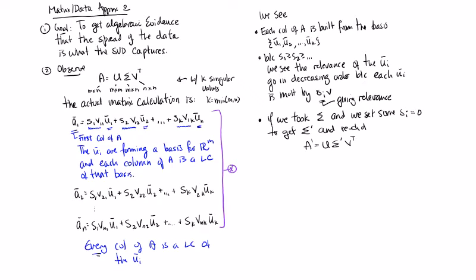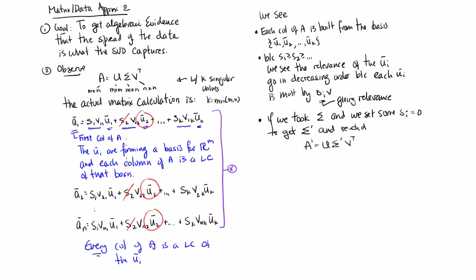Suppose we did that. So if you think about what happens, if we look back at the calculation for a second, I'm going to mark some things on the left. Suppose we set S2 to be 0. What that does is that gets rid of this and this and this and all those S2s that run down there, which means it gets rid of the relevance of the U2s. It eliminates the U2 direction.